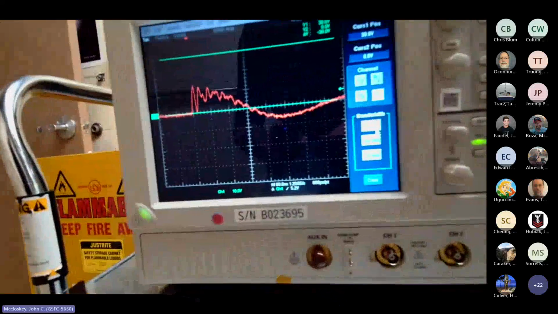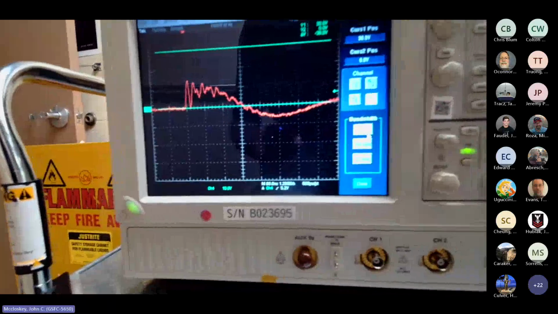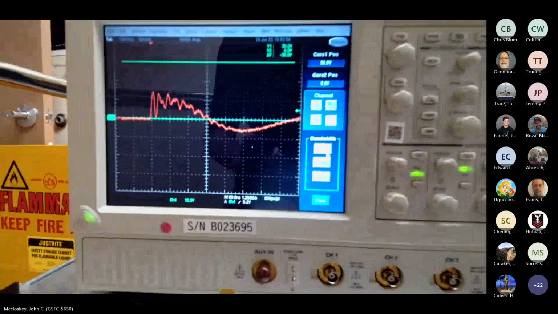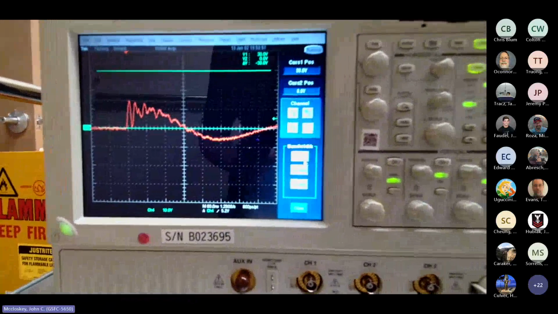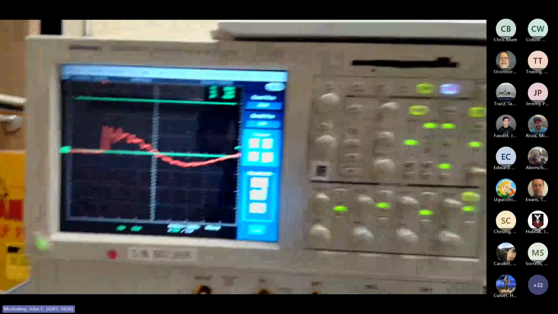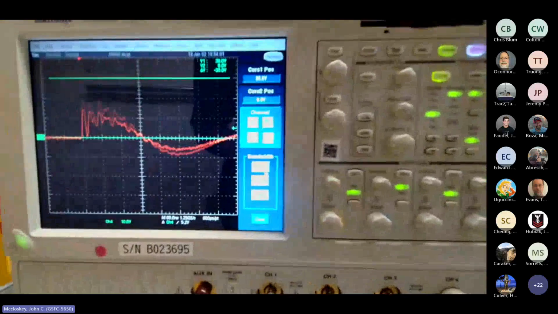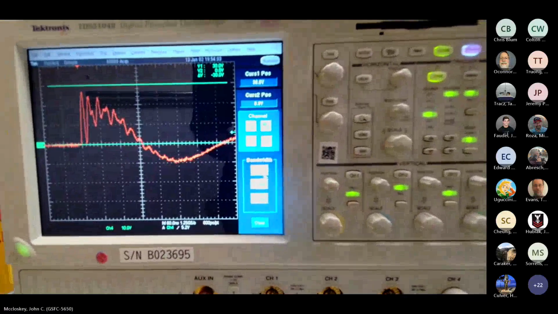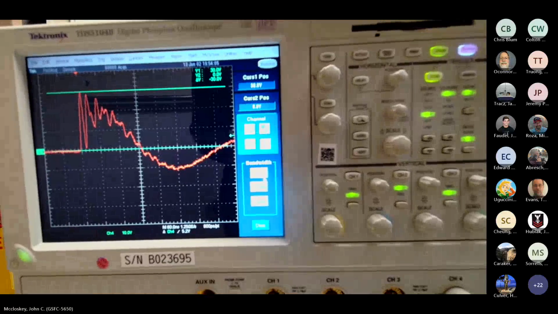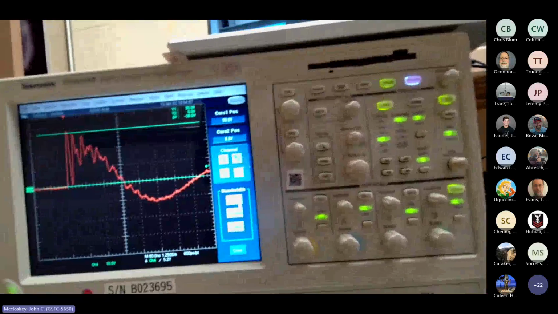Now we're about half the amplitude. So I might be inclined to turn the amplitude up until we're actually seeing our 30 volts again. Now that is doubling the initial amplitude.